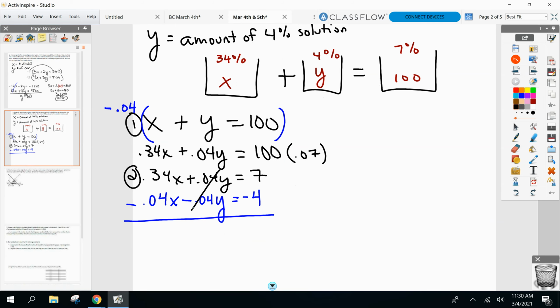All right, the y's are gone for us. 0.30x equals 3. Divide both sides, and then you have your value.